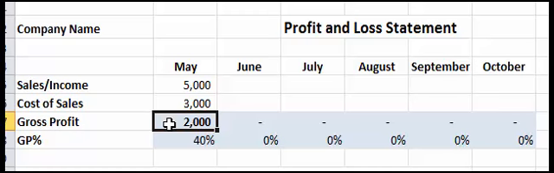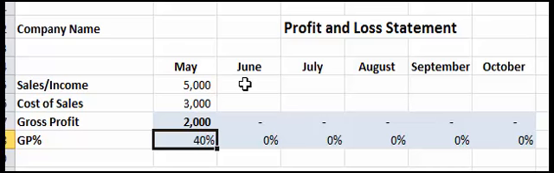This purely is the sales revenue that you've made, less the cost of making those sales, in this case, the price of the shoes that you paid for the wholesaler, and that gives us a $2,000 profit, which is 40%. That means that for every $100 in sales, you now have $40 to pay for all the other expenses. Things like, as I said, advertising, rent, and so on.